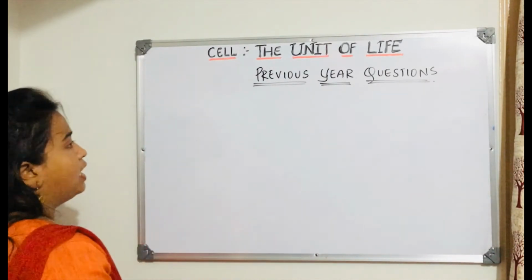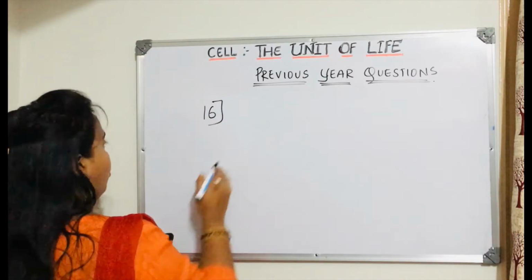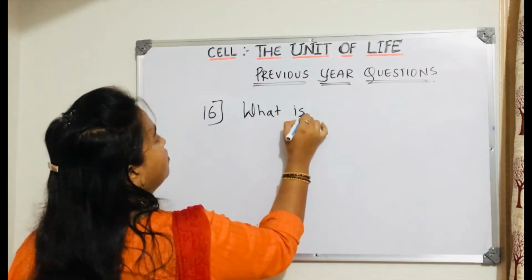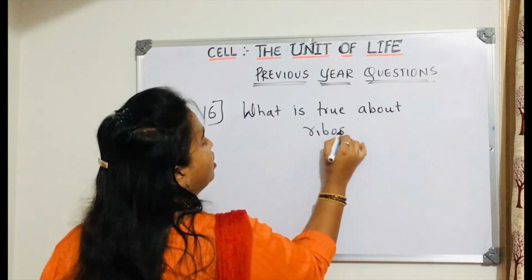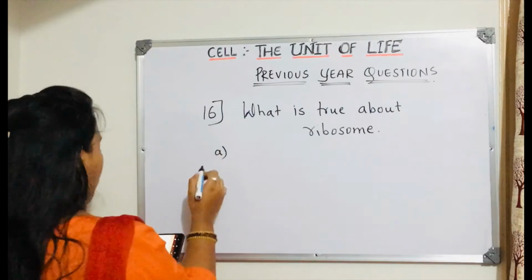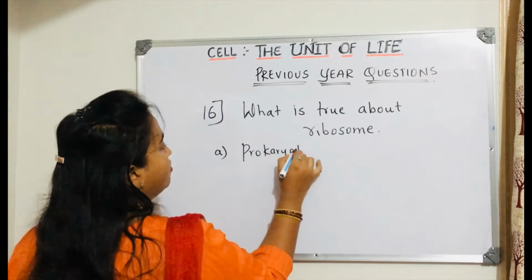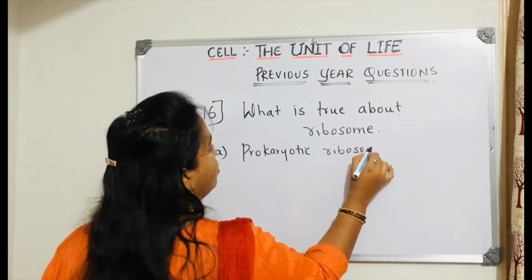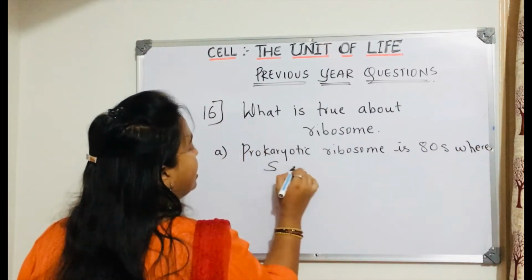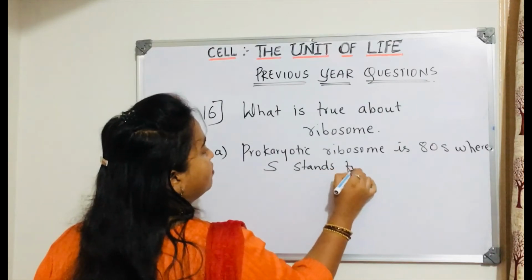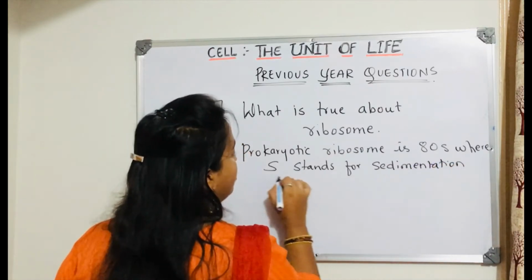Question number 16. What is true about ribosome? Option A, prokaryotic ribosome is ATS, where S stands for sedimentation coefficient.